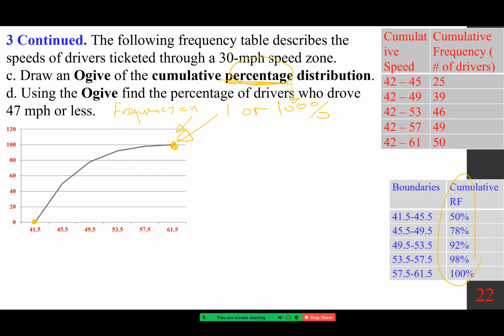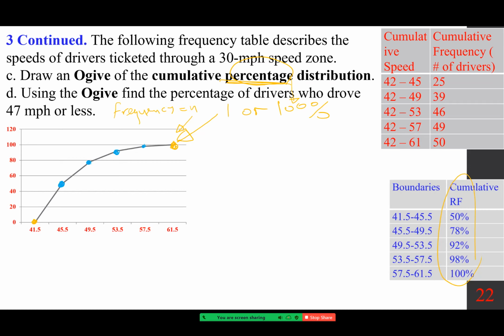Then what we do: 45.5 corresponds to 50%, 49.5 corresponds to 78%, 53.5 corresponds to 92%, 57.5 corresponds to 98%.